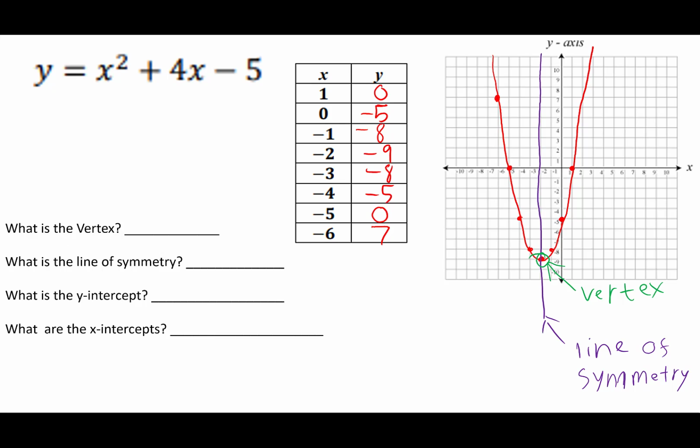Okay, so when we're looking at this, my vertex is that lowest point, or the point that goes through my line of symmetry. So the point of my vertex here is -2, -9.